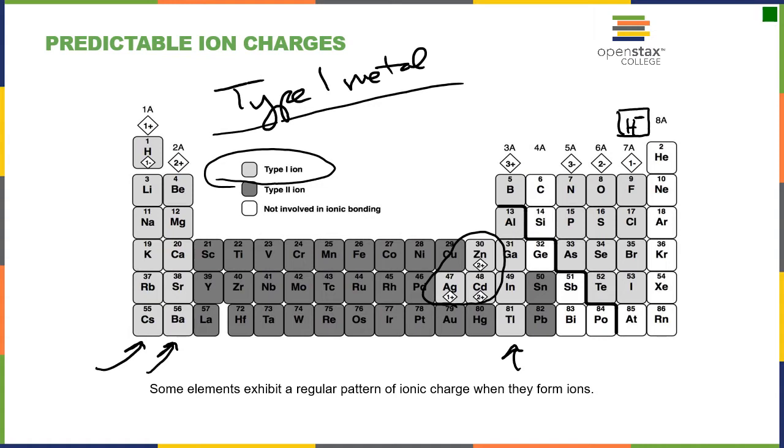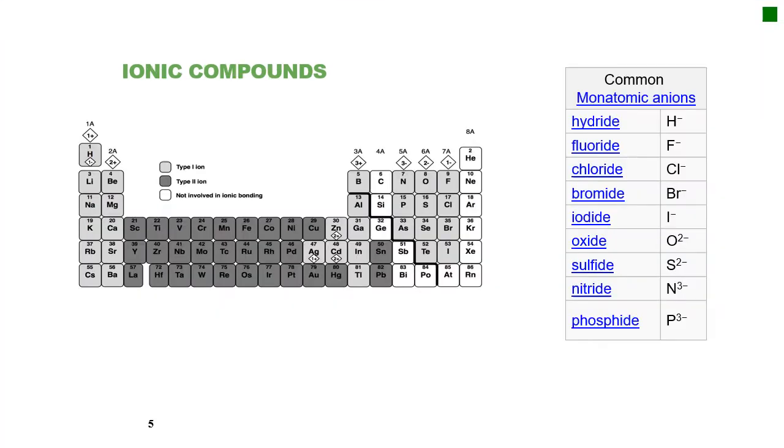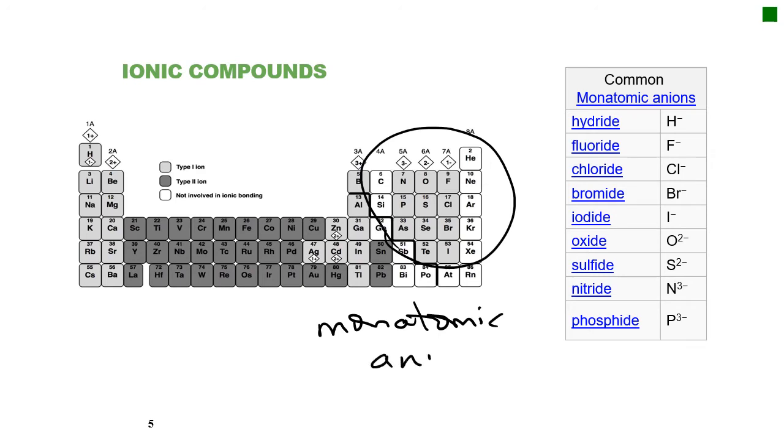So our type 1 metals are these guys. Our type 1 or constant charge nonmetals are these guys right here, including hydrogen. And we're going to deal with type 2 in a minute. So if we have our nice type 1 nonmetals, these are going to be our monatomic anions, negatively charged because they've come from nonmetals.